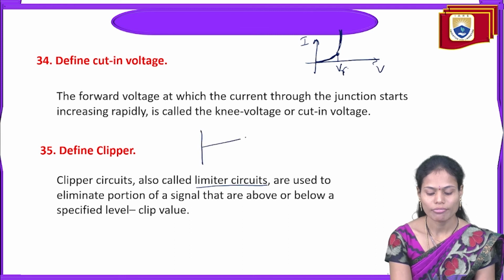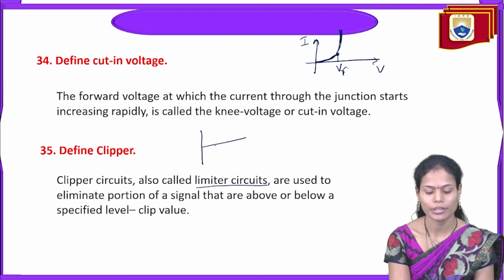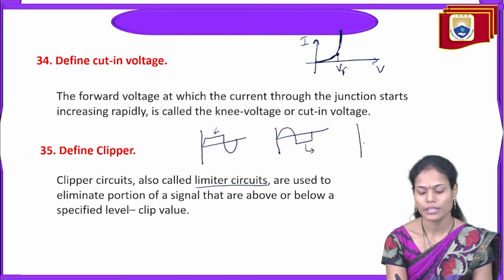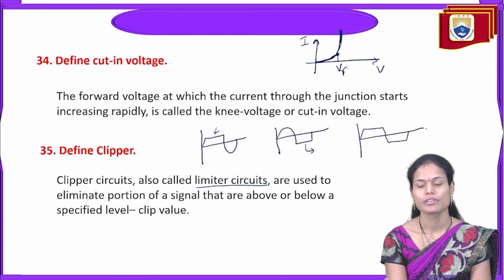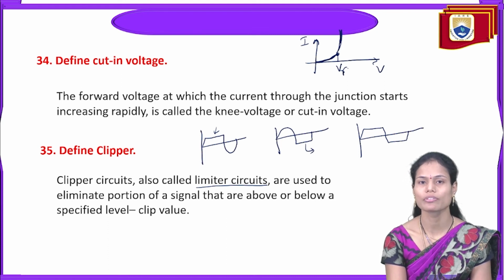For example, if it is removing the positive portion of the input signal, we will get a waveform like this, where this portion is clipped off. If it is clipping the negative half cycle, we get this. If it is clipping both half cycles, we will get a waveform like this. In these three ways we can utilize the clipper to remove some portion of the waveform.